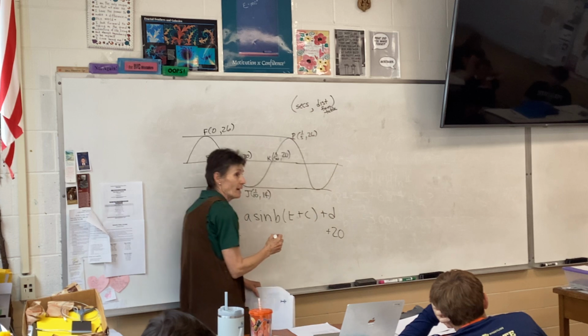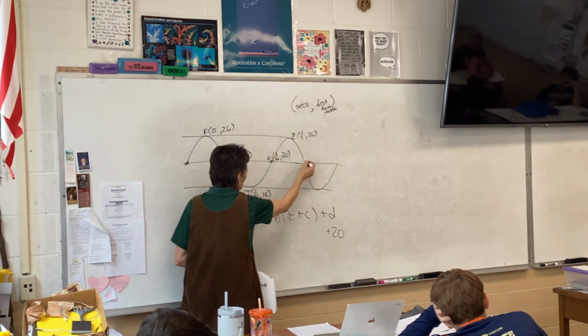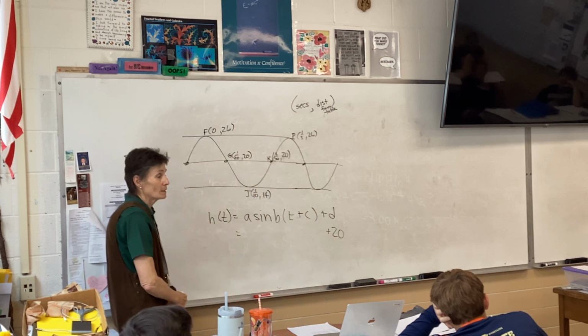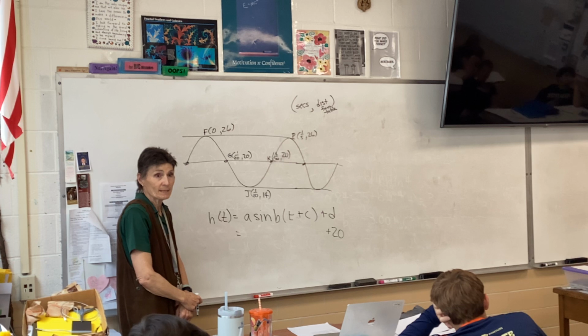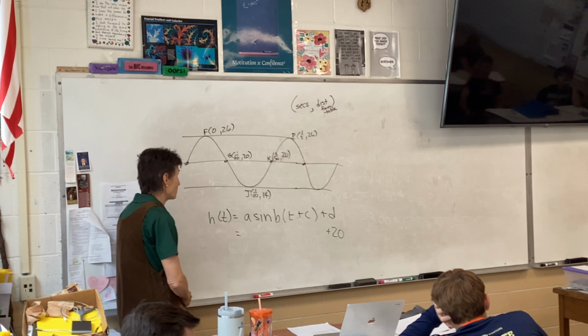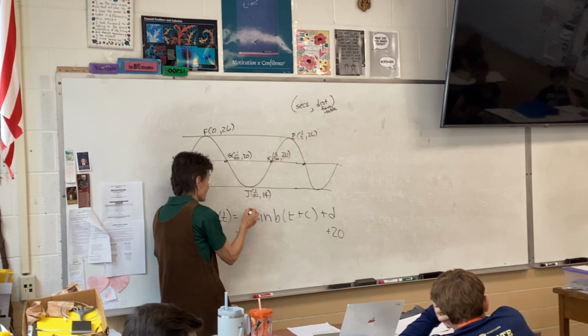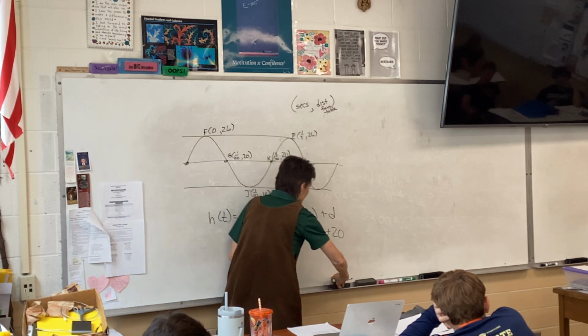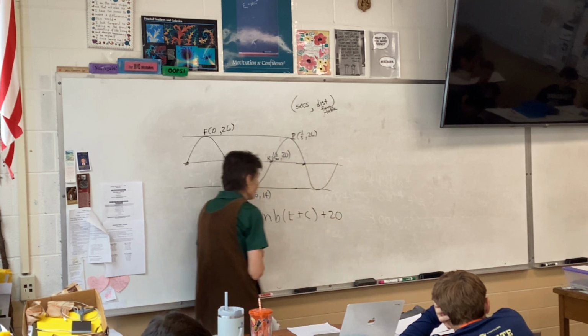D is going to be the midline, right? D is going to be where the sine curve starts, and that's 20. Does that make sense to everybody? What does that make my amplitude then, my A? That's going to make that 6. Or -6, depending on where you're starting off things.